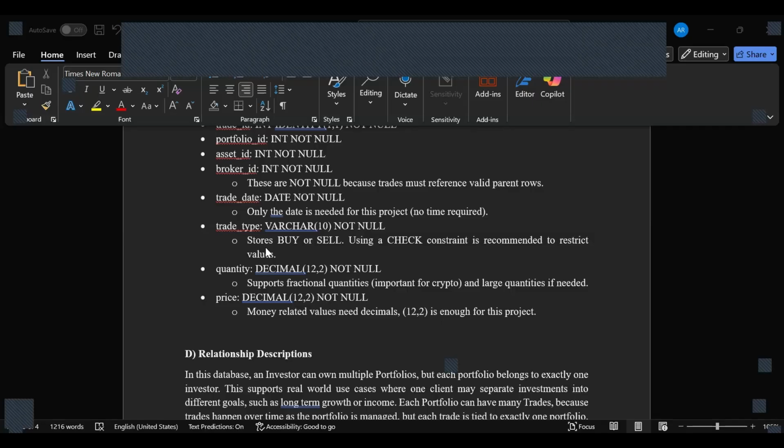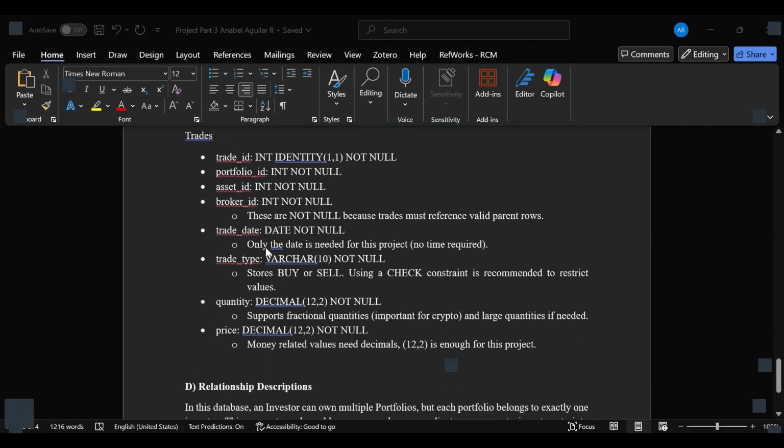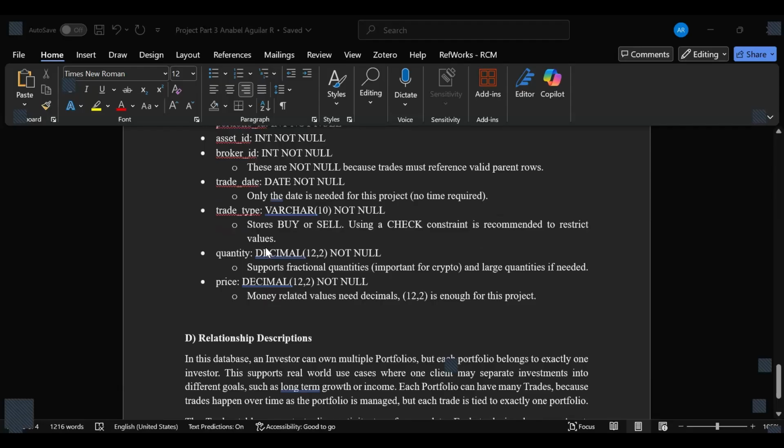This is the first fractional quantity, which is very important for crypto, and also allows some large quantities if needed based on whatever transaction we're making. Then for the price, I selected decimal because it's money related, so we needed that.